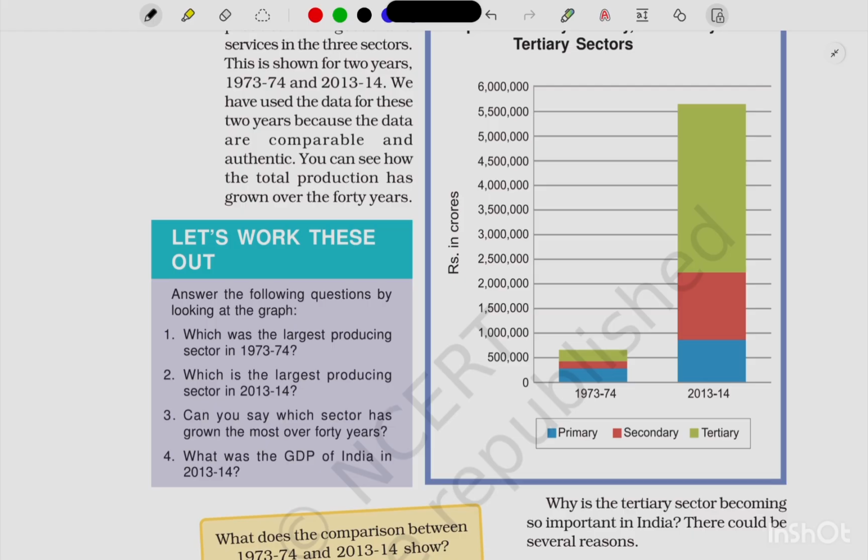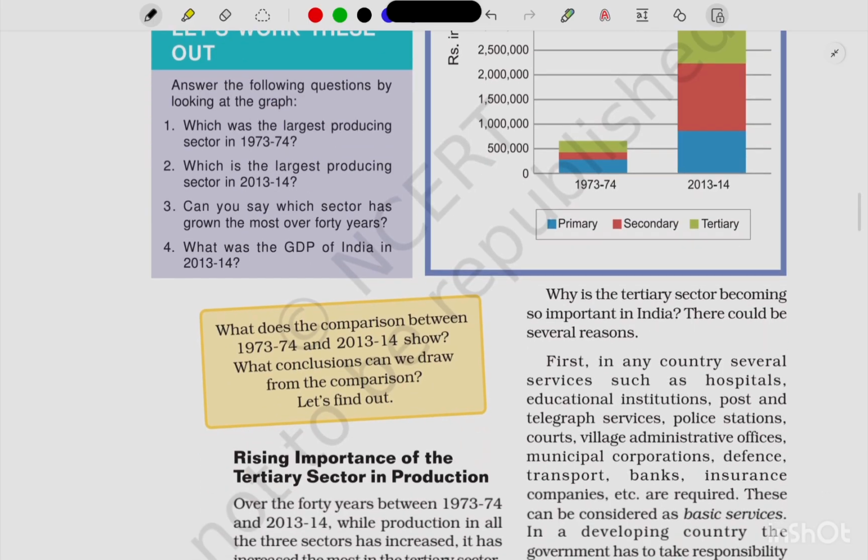The sector that has grown the most over the 40 years is the tertiary sector. What was the GDP of India in 2013 to 14? Somewhere between 5,500,000 crore and 6 million crores.